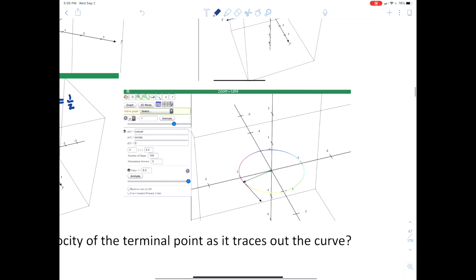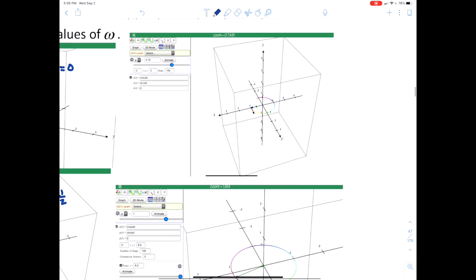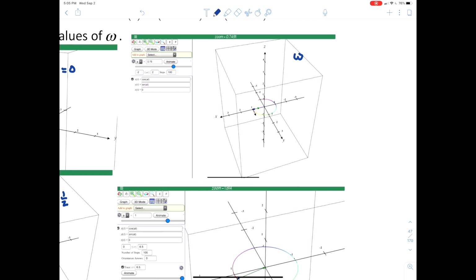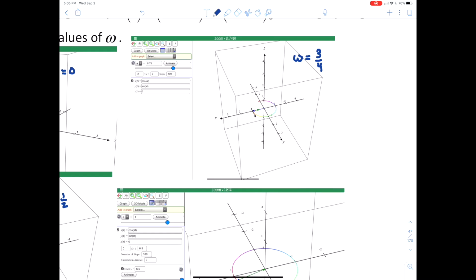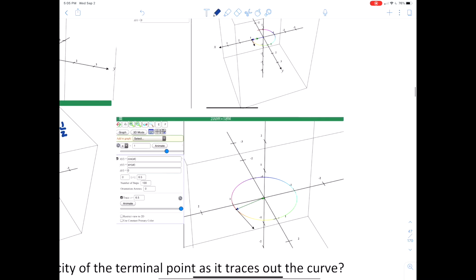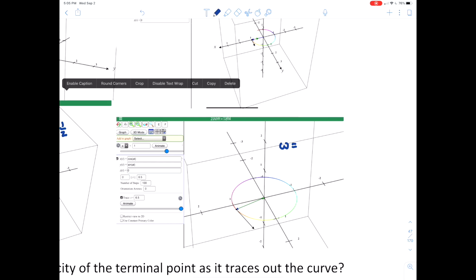And when omega was 3/4 or 0.75, it was 3/4 of our circle. And then here, when omega was 1, it was a full circle, and it traced one time. Now, if omega was 2, it would trace around twice. Okay?